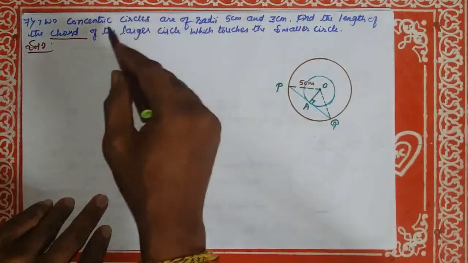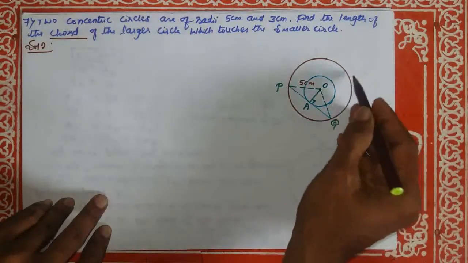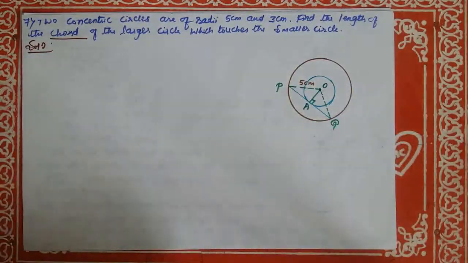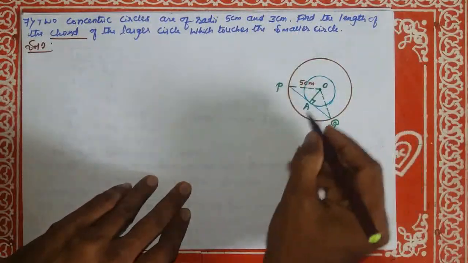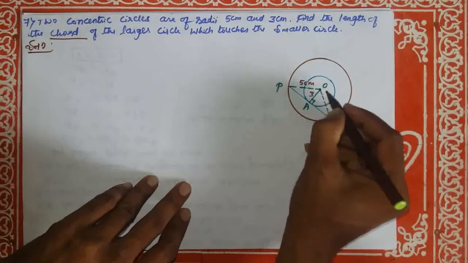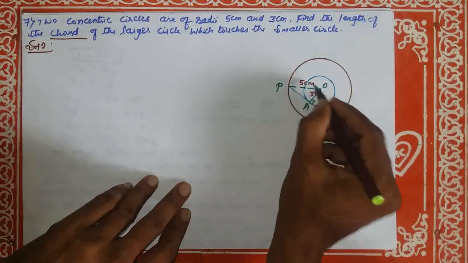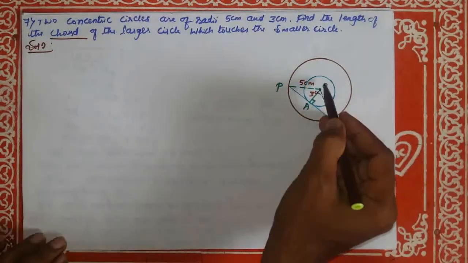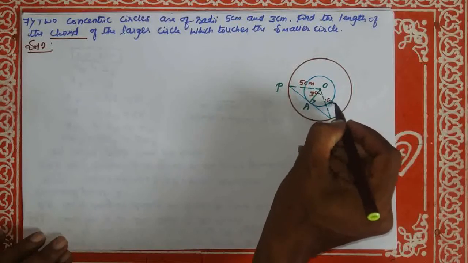Concentric means having the same center for both circles. So OA is equal to 3 centimeters and OP is equal to 5 centimeters. OP is equal to OQ, both are the same, 5 centimeters.